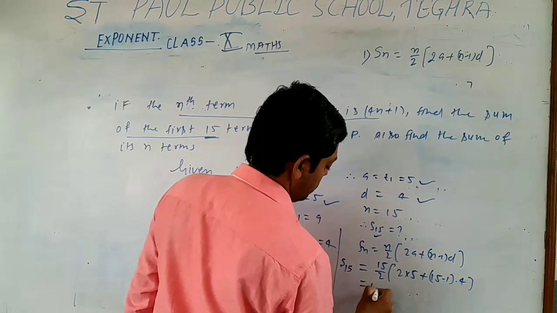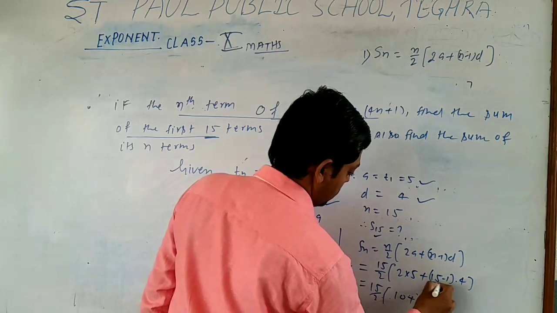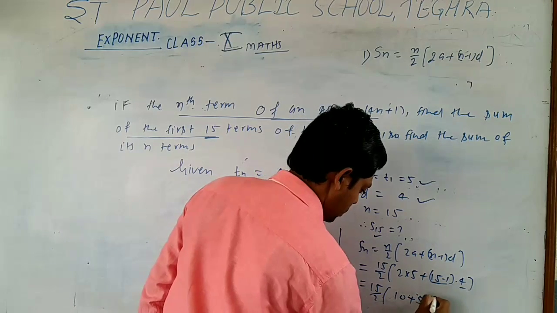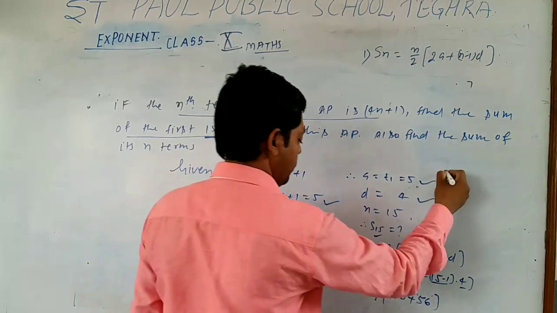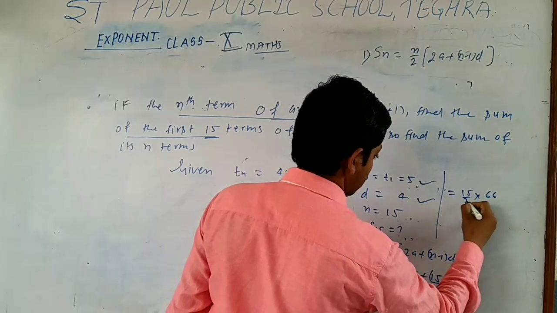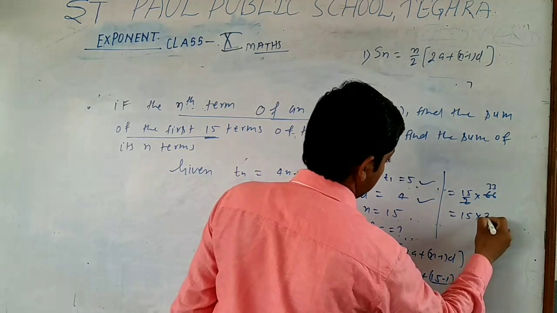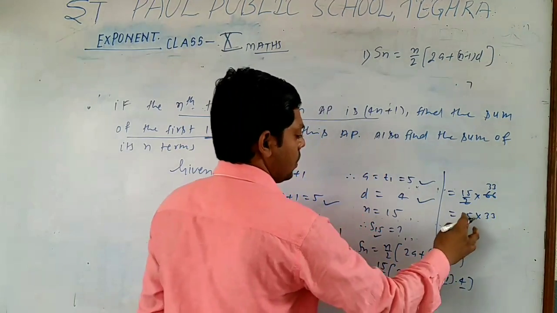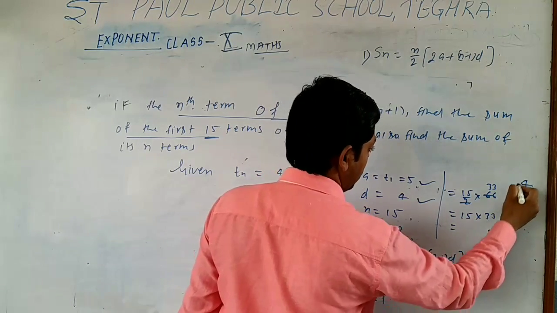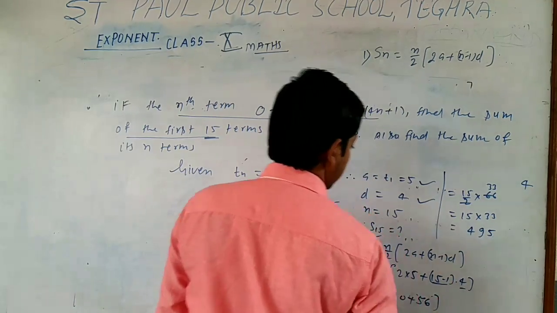This becomes 15 by 2, 2 fives are 10 plus 14, 14 fours are 56. By adding this, we have 15 by 2 multiplied by 66. This gives us 33. By actual multiplication of 15 by 33, 15 threes are 45, and 15 threes are 45 plus 4 is 49, that is 495.